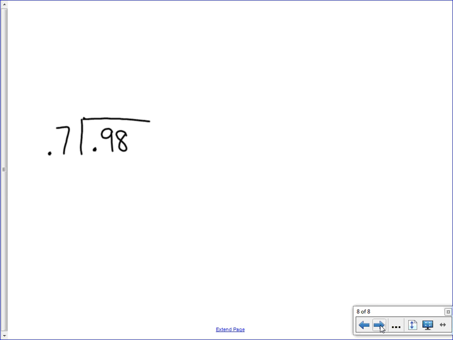It's 7 tenths. So I'm going to make the 7 tenths a whole number by just moving the decimal. So I'm going to put the decimal here. Now it's 7 wholes. Well, if I move the decimal on the outside, I have to move it with the dividend as well, not just the divisor.